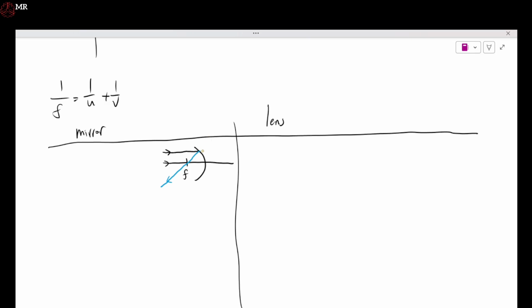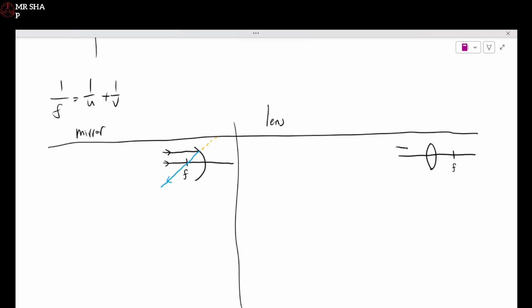As opposed to virtual ones, which is dashed. Usually you use dashed. However, if we were to send this ray line, the back one, towards a lens, so let's say we send it to a biconvex lens, and let's say we have an F here.